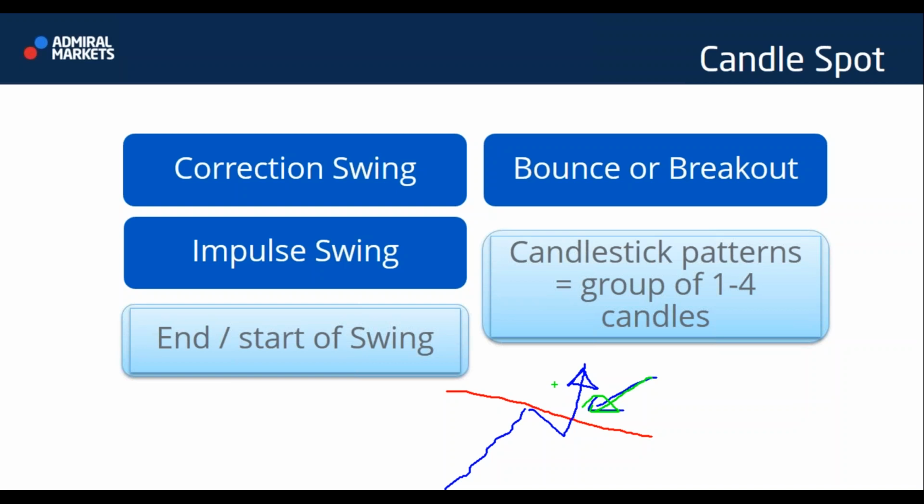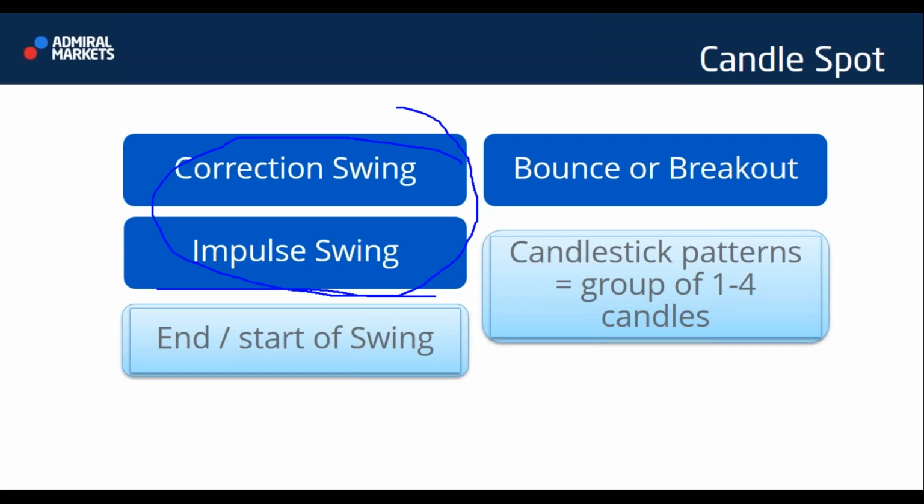So that could be a very useful breakout candle within the context of a bullish momentum, with a mild correction and a break above resistance. This is just an example of how you can use candles for bounce or break spots, and how you can use candles to understand corrections and momentums and when they start or end.